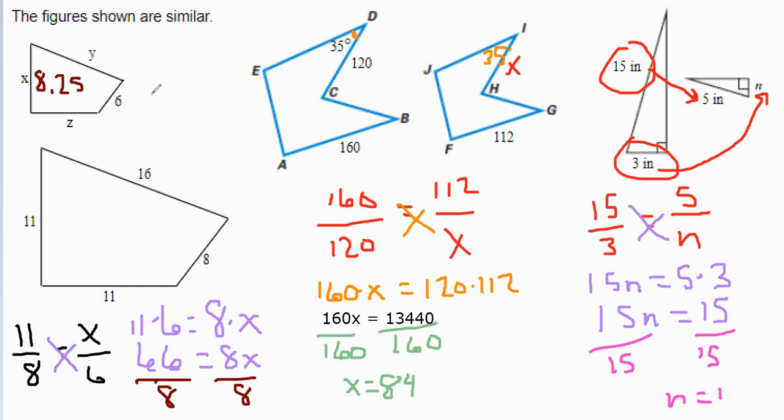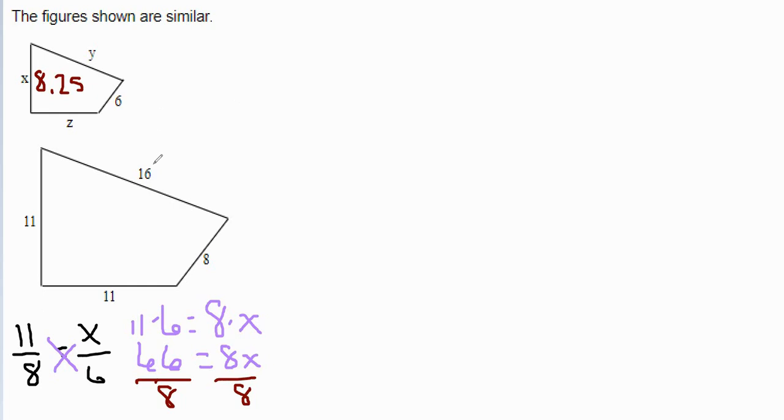And I'm going to delete the stuff here on the right side of the screen. So now for y, side y is going to match up with the 16. So in this one, I'm going to do y over 16 is going to equal 6 over 8. So there's different ways you could set this up. As long as you keep the sides consistent, then you're going to be okay.